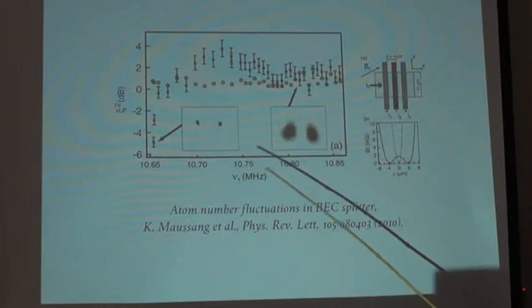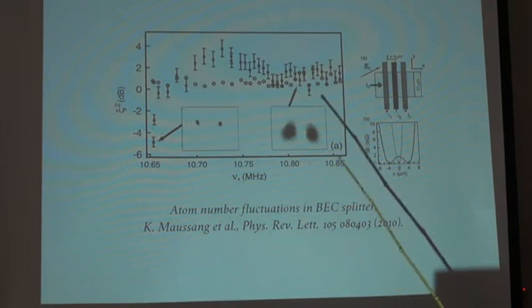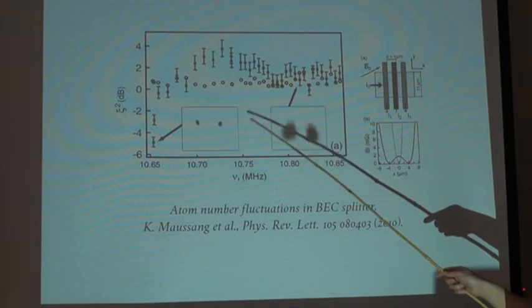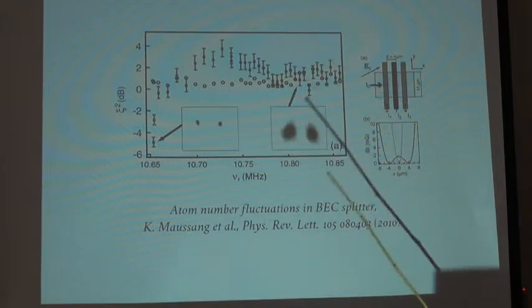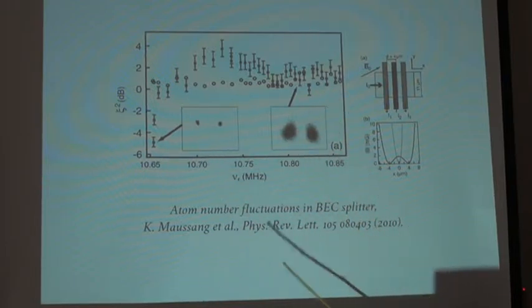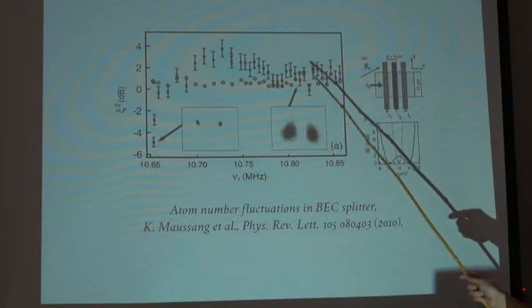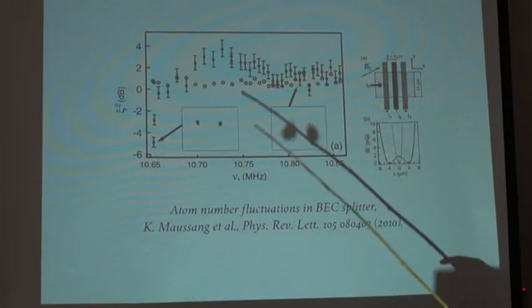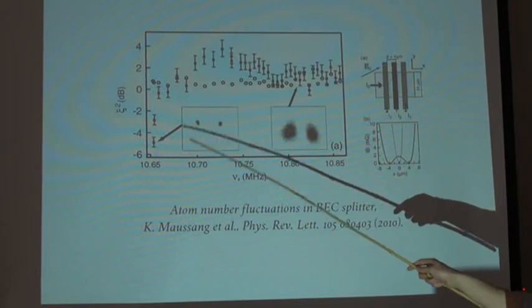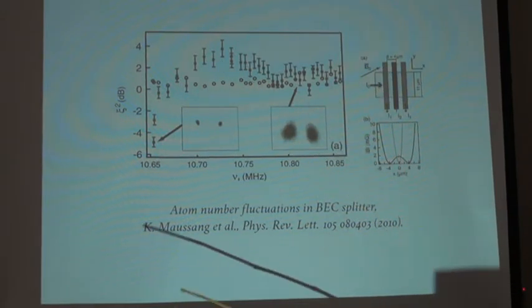Then as temperature grows, fluctuations increase, and they reach a maximum at 0.7 of the critical temperature for Bose-Einstein condensation. Here we have different units, doesn't matter. And then they tend to the Poissonian limit. So this bump is from exchange symmetry, and we can say that this is from interaction.